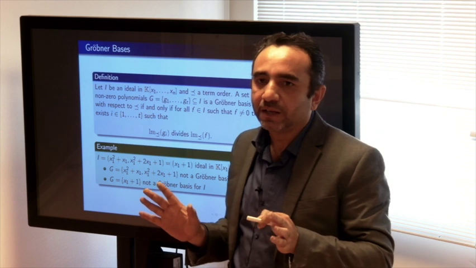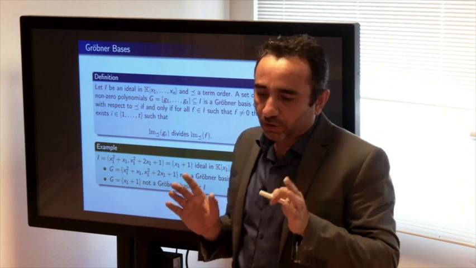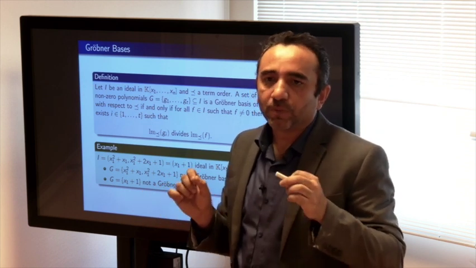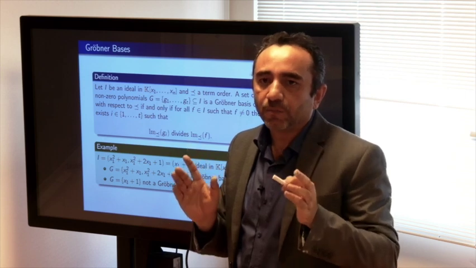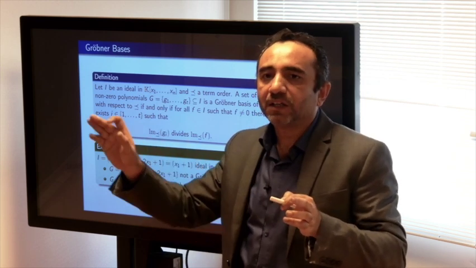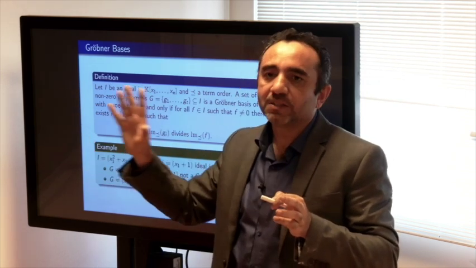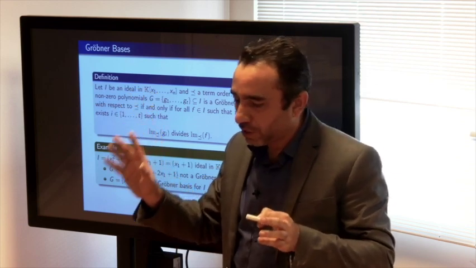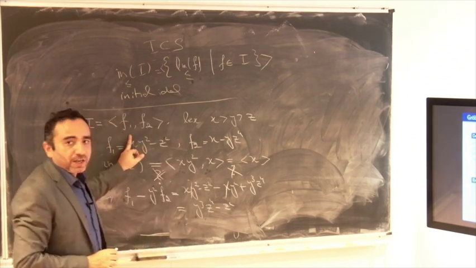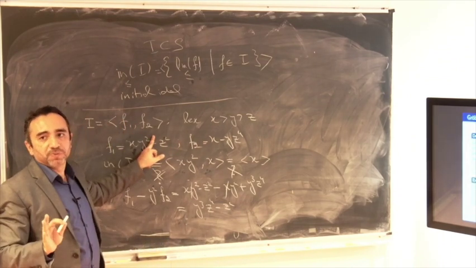This is similar to saying that a set of polynomials is a Gröbner basis if their leading monomials generate the initial ideal. On the other hand, as a counterexample, we can say that f1 and f2 is not a Gröbner basis. Why?